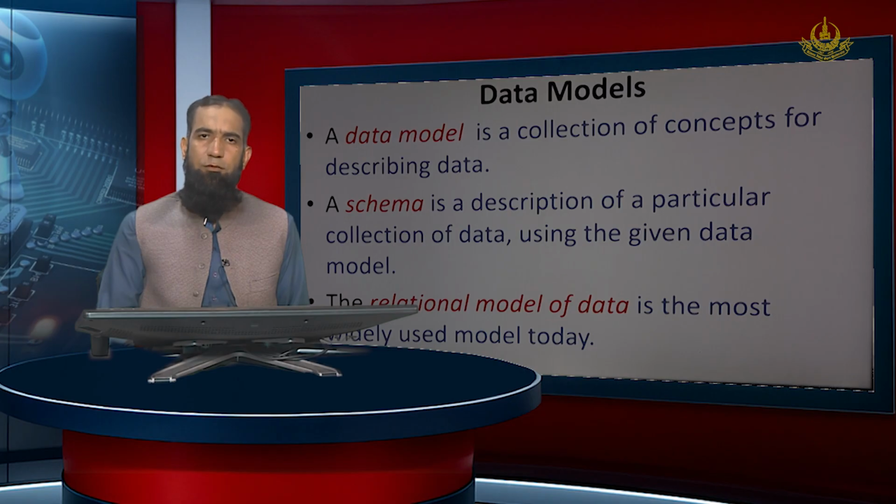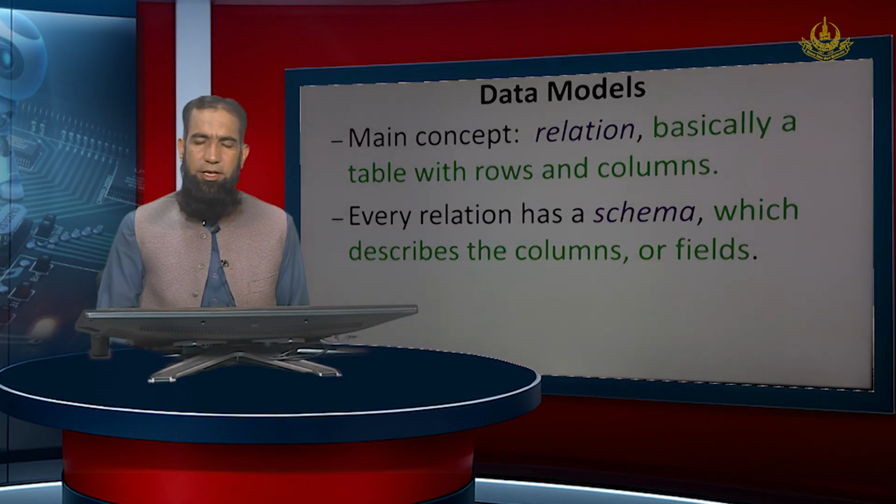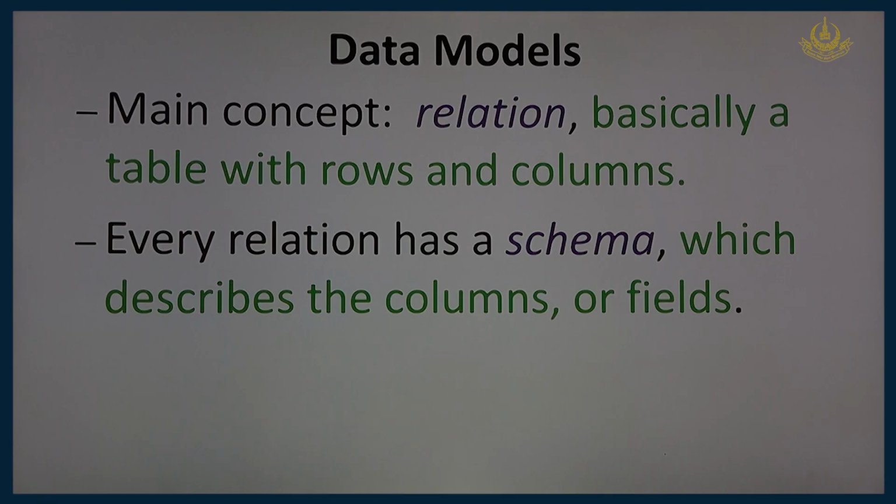The relational model of data is the most widely used model today. In the relational model, we store data in the form of tables. These tables are basically entities. The table headings are attributes of these entities. The main concept of the data model is a relation. A relation is basically a table with rows and columns, like the sheets in Excel.